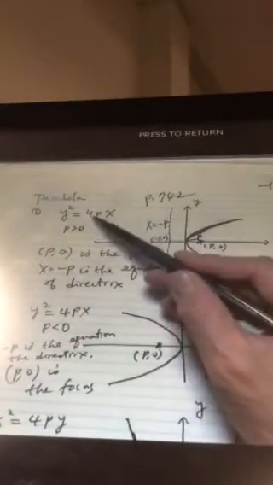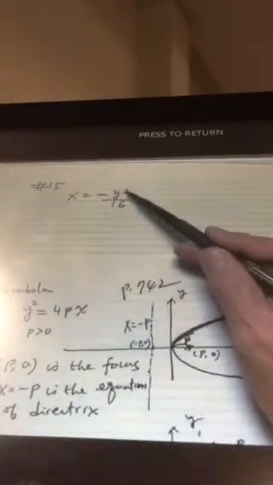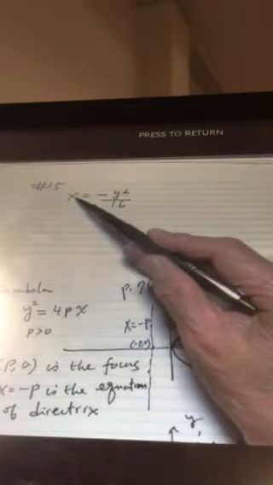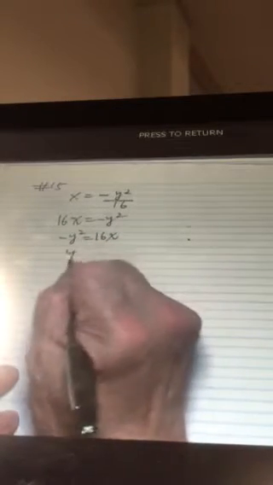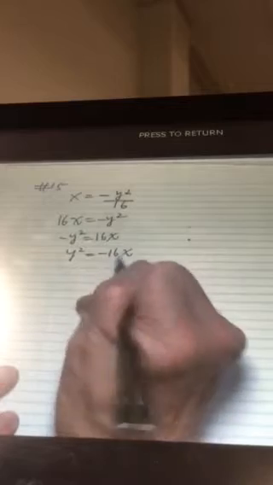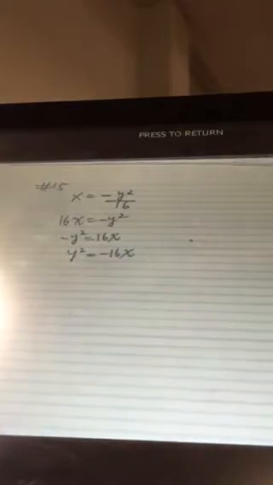I want to write it as y squared equal to 4px, because I have a square of y and I don't have a square of x. So multiply this by 16, and then switch the signs, multiplying both sides by negative. I got this, so this is my equation.